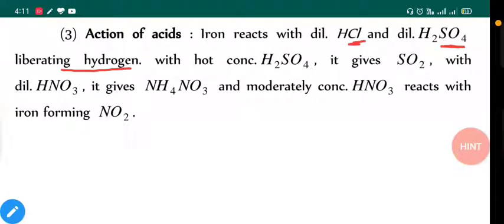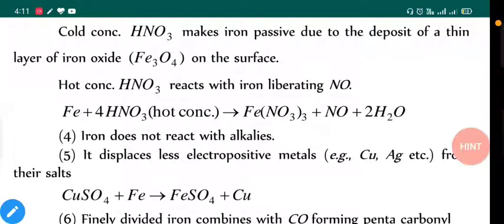With concentrated H2SO4 it gives SO2, and with dilute HNO3 it gives NH4NO3, and moderately concentrated HNO3 reacts with iron forming NO2. Cold concentrated HNO3 makes iron passive due to the deposit of a thin layer of iron oxide on the surface.